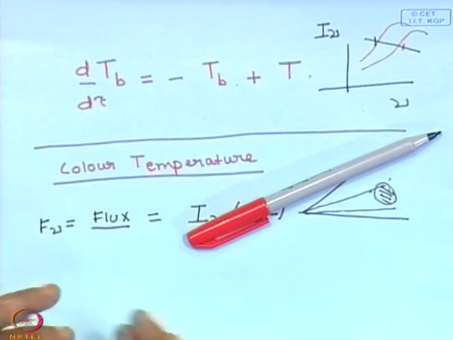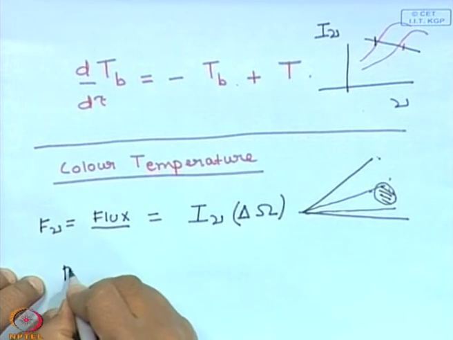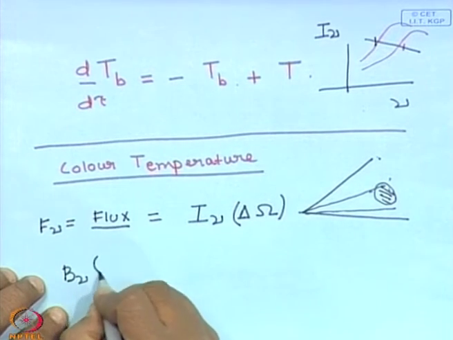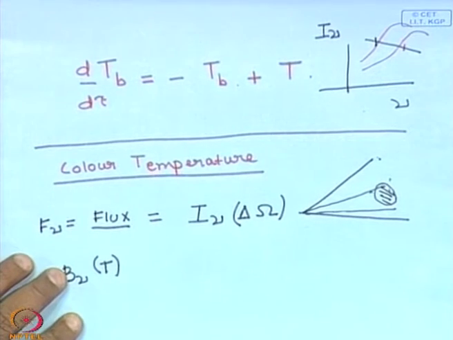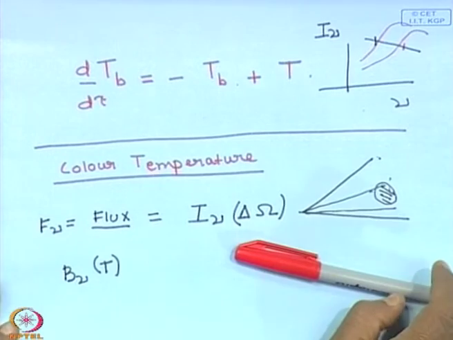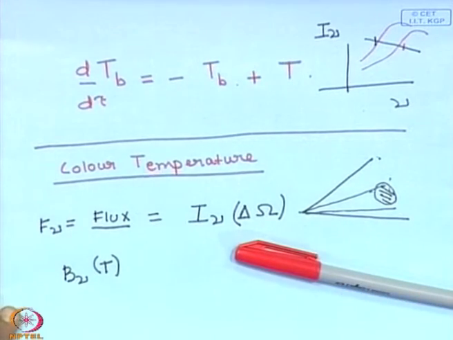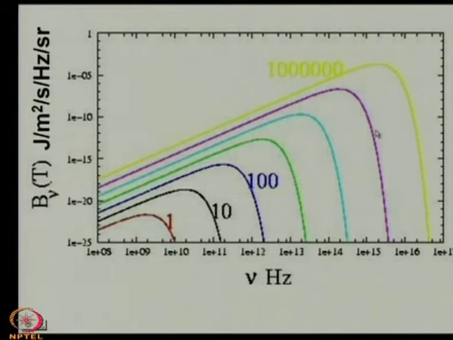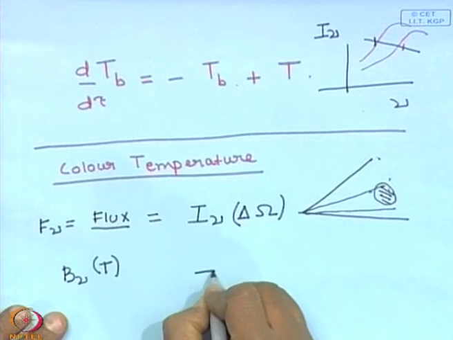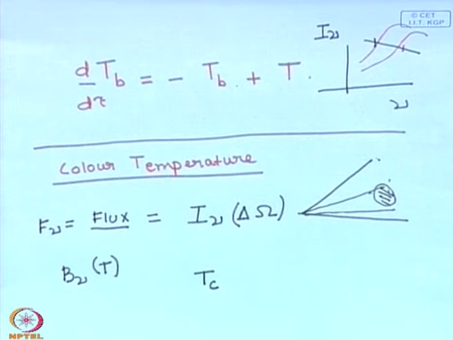I cannot say that it is equal to this B nu because I do not know the scale, there is this solid angle involved. So, what I will do is I will just take the shape of the flux as a function of frequency and fit it to see which black body spectrum the shape best matches, and then use that to determine a temperature called the color temperature.